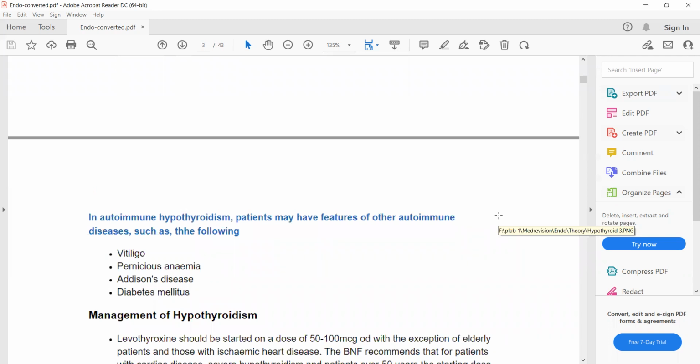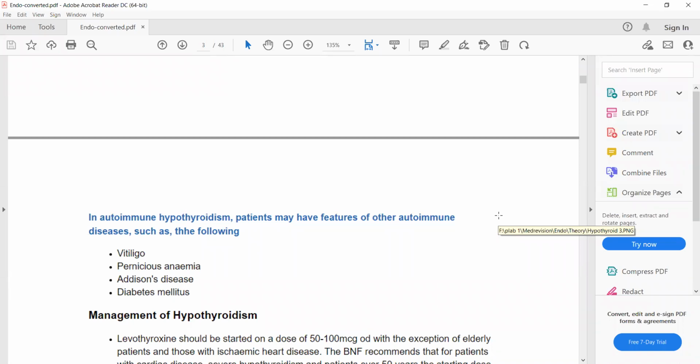What will be the investigation findings in case of hypothyroidism? There is a decreased production of T3 and T4 due to autoimmunity. So low levels of T3 and T4 on thyroid function test will be found.